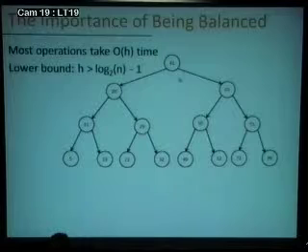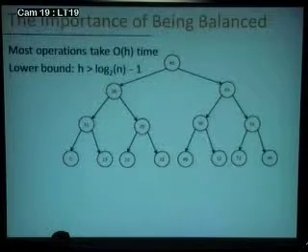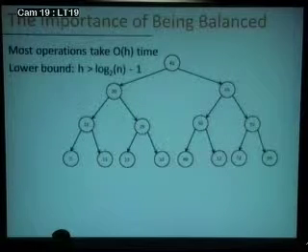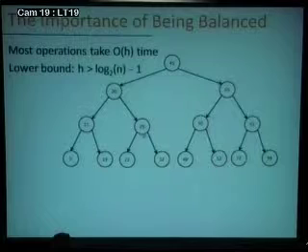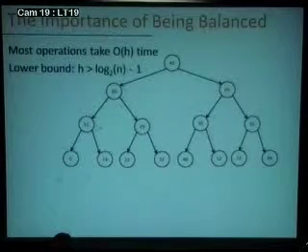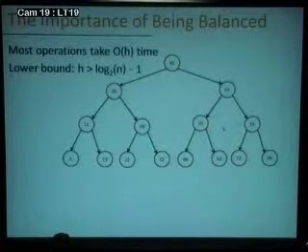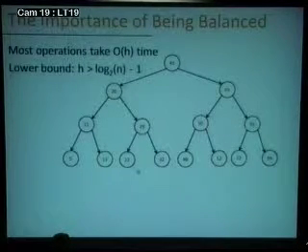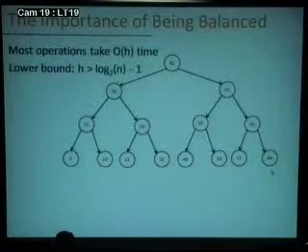The tree can be very low in terms of height if I have it very balanced like this. Every node has two subtrees, and I do it level by level, right? So if I have 1, 2, 3, 4, 5, 6, 7, 8, 9, 10, 11, 12, 13, 14, 15, if I have 15 nodes, I will place them like this.